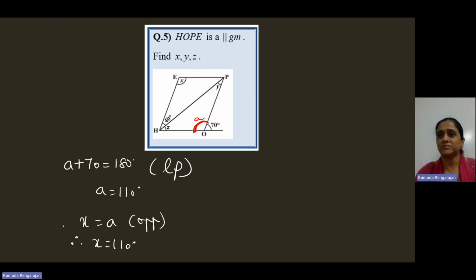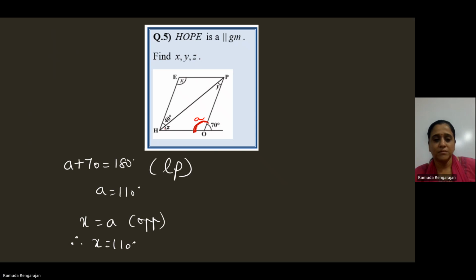We'll find why. You can say not Z. Why? Reason? Alternate angles are equal. Where's the Z? Which are the parallel lines? See the angles.